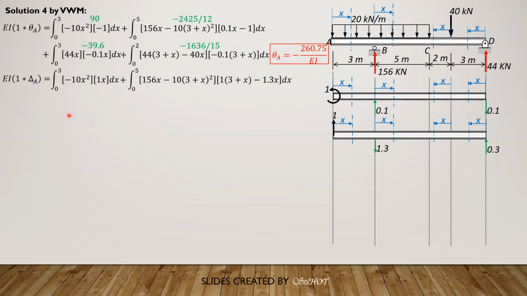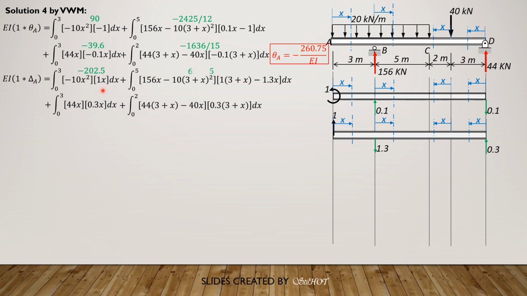Then third, plus integral of 44x, then times 0.3x. So 44x times 0.3x, both positive dx. And plus integral of 4 times quantity 3 plus x minus 40x, then times 0.3 times 3 plus x dx.